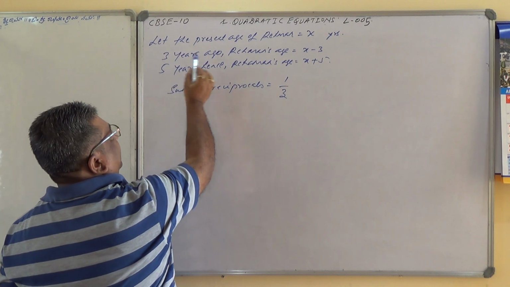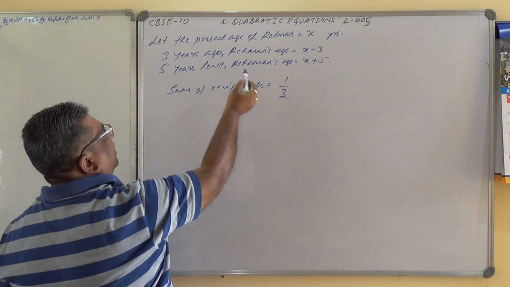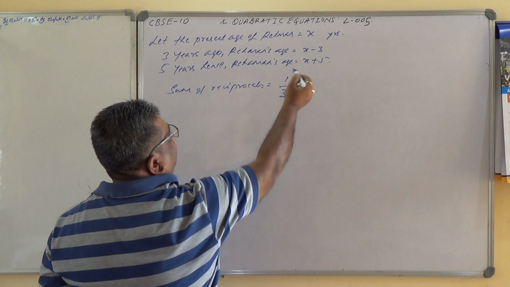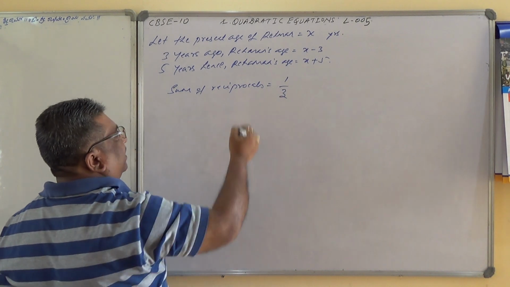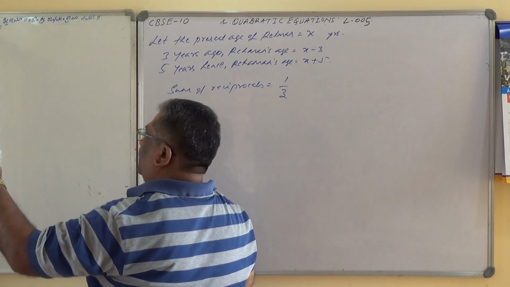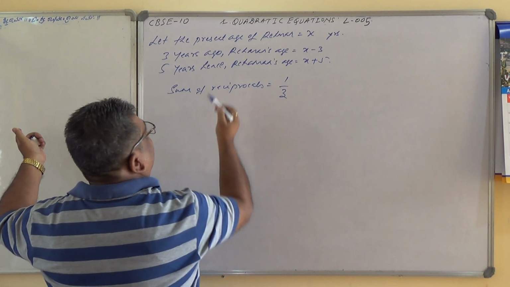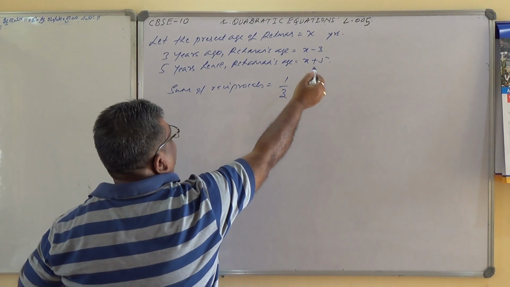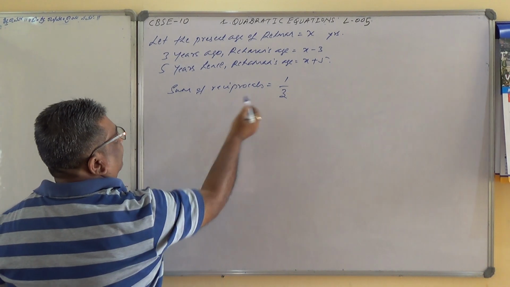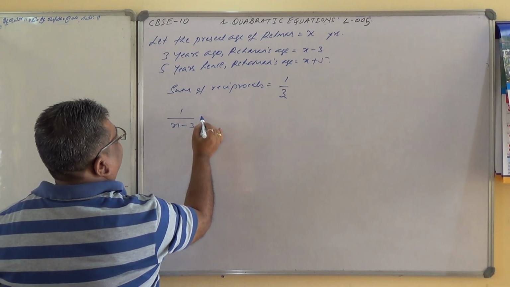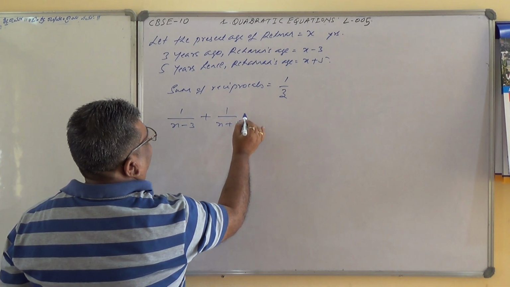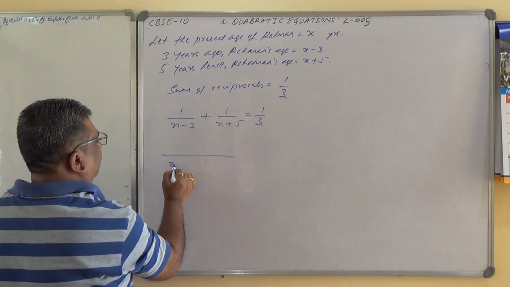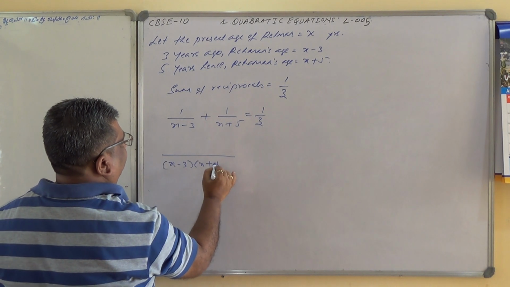The sum of reciprocals of Rahman's age 3 years ago and 5 years hence is equal to 1/3. Meaning 1/(x minus 3) plus 1/(x plus 5) equals 1/3. That is what it says. So the LCM is (x minus 3) into (x plus 5).